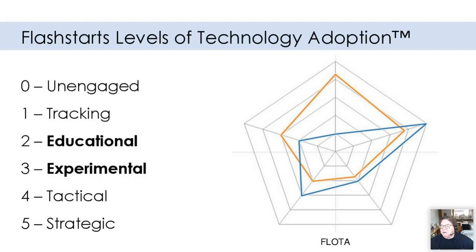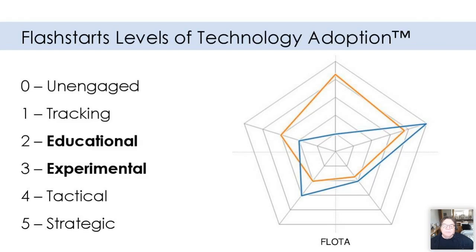Finally, strategic, where it really becomes part of your sustainable competitive advantage. Not all technologies will pass through all levels. A particular technology may never be strategic or even tactical for you, but you should at least go through the first three: track it, learn about it, and experiment with it before deciding whether it may be tactical.